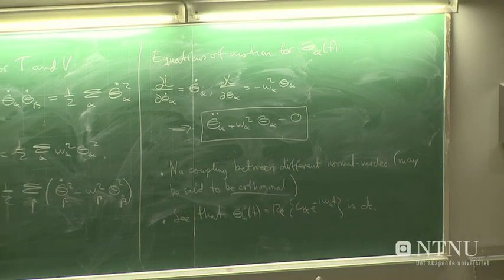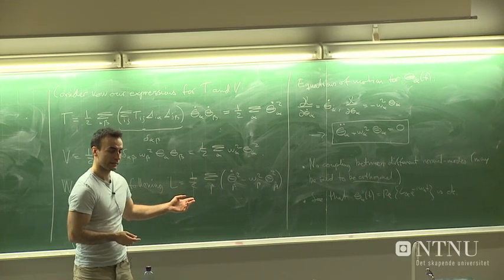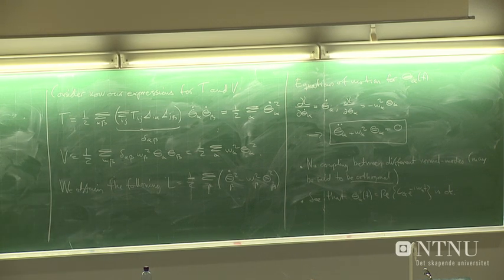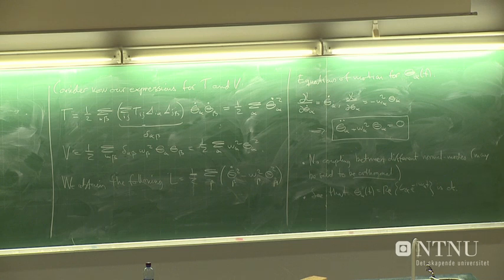Or put slightly differently, what's the advantage of putting the Lagrangian in this form, compared to the form where we had the sum over ij, T_ij, and then eta i, eta j, etc.? Is there any advantage?